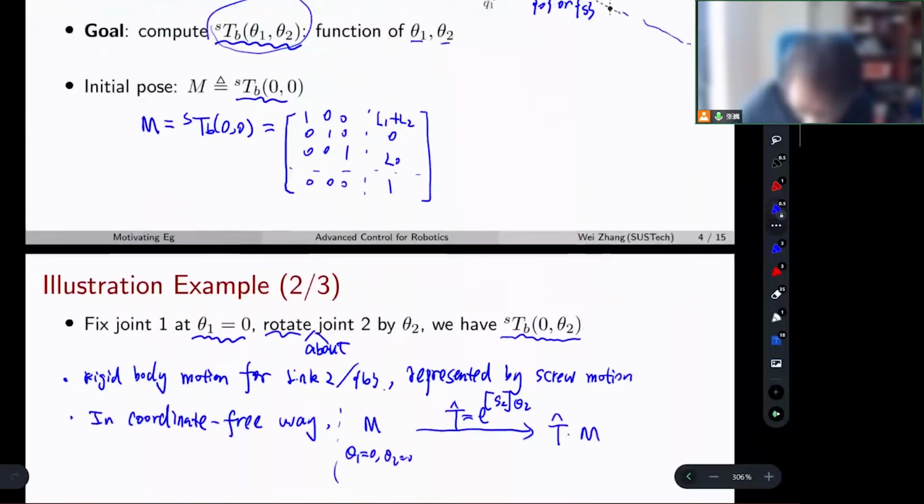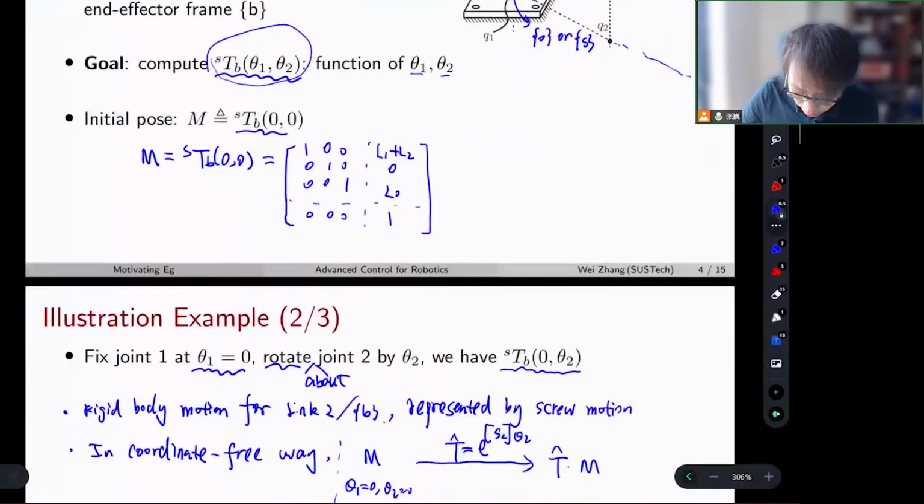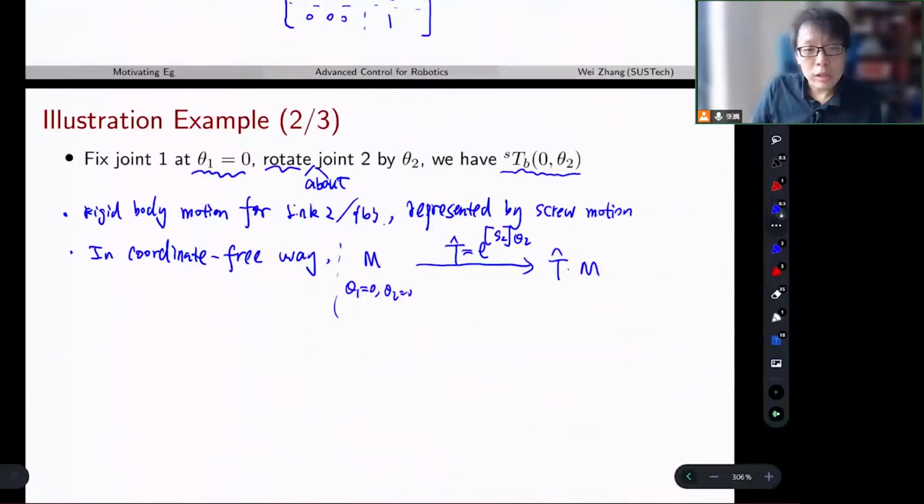Suppose S2 is the screw axis corresponding to this guy, right? This is my joint. This is the S1. So rotation about this axis in space is a special kind of simple screw axis. And rotating about this screw axis by theta2 degree corresponds to a rigid body operator, which is defined by e to the S2 theta2.